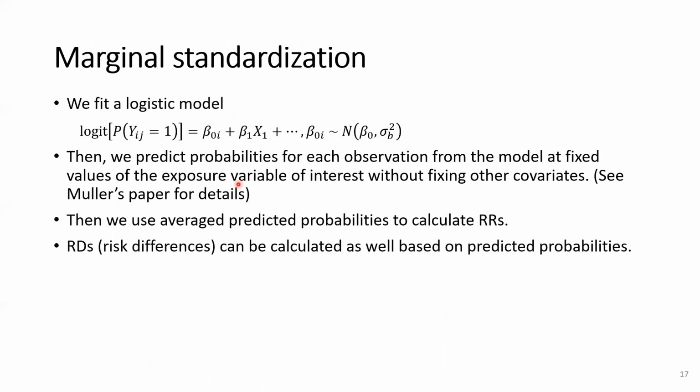Then we use these predicted probabilities to get the average predicted probability, and then we calculate relative risk. The advantage of this method is we can calculate not only relative risk, but also risk difference as well.